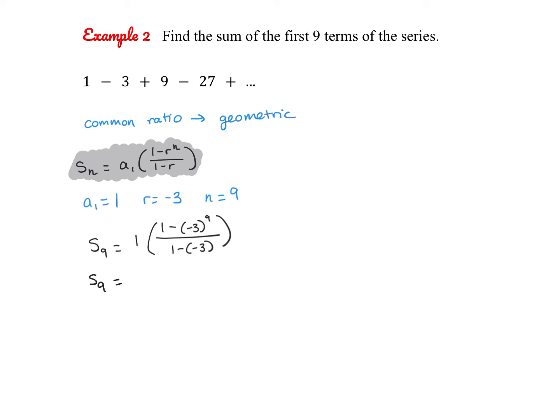So if we start simplifying, we get 1 plus 19,683 over 1 plus 3, which is 4. So we get 19,684 over 4. So the sum of the first 9 terms is 4,921.